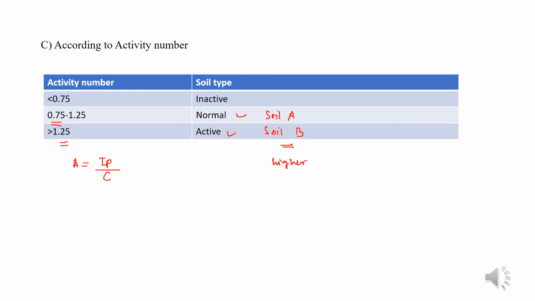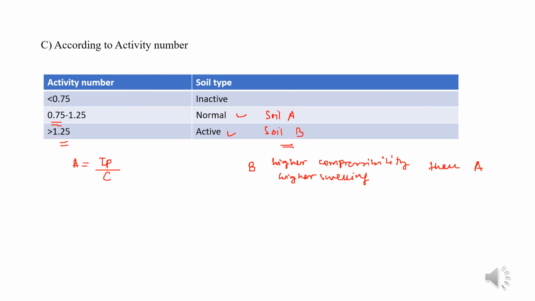So soil type B will have higher compressibility and higher swelling than soil A, because soil B is more active.